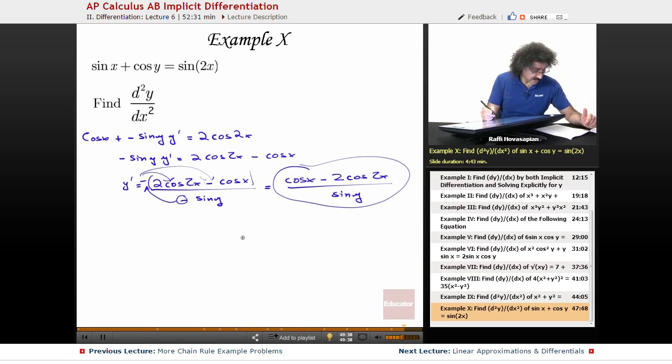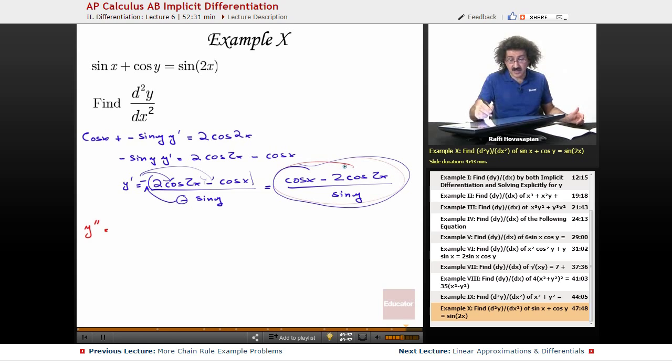Now, y double prime. Okay. So y double prime. Let me do this one in red. I'm actually going to be differentiating this one implicitly. So it's going to be this times the derivative of that minus that times the derivative of this over this squared.